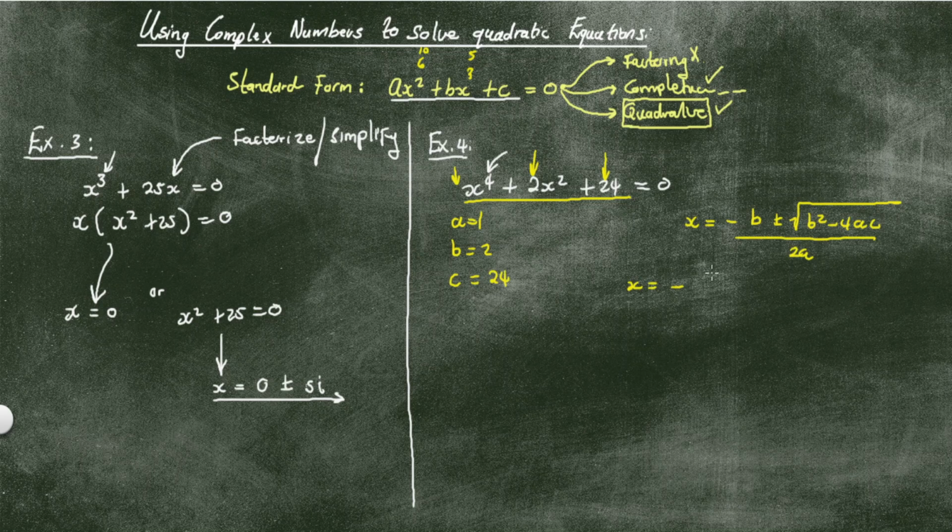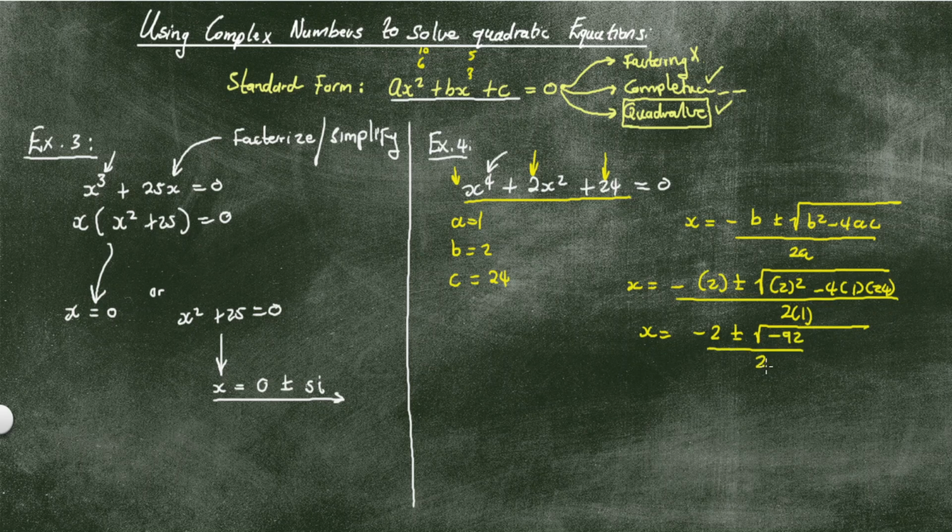Then x equals minus 2 plus or minus the square root of 2 squared minus 4 times 1 times 24, over 2 times 1. Let me do the calculation underneath the square root: 4 minus 96, which is minus 92, divided by 2.